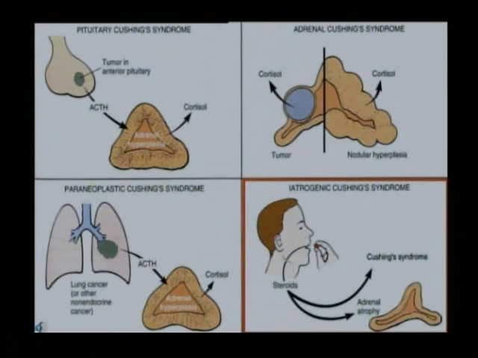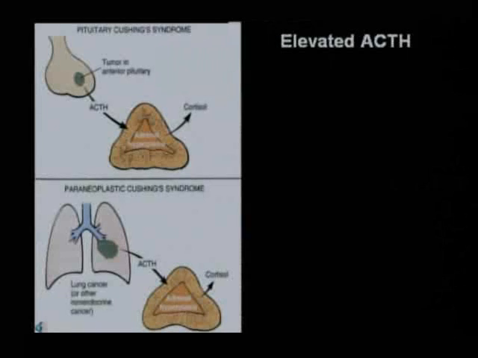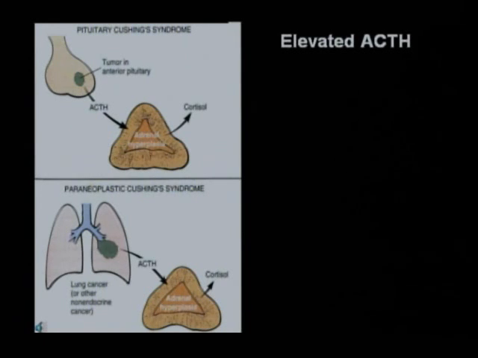Hypercortisolism in which ACTH is elevated can be caused by only two possibilities: paraneoplasia or a pituitary adenoma. To differentiate between these remaining possibilities, one may use a dexamethasone suppression test. With this procedure, dexamethasone, a steroid, is administered to the patient.